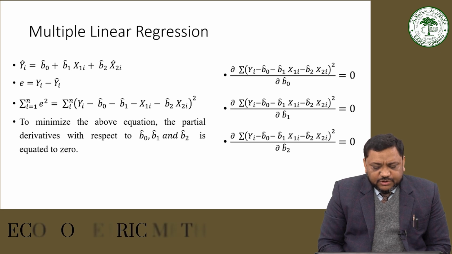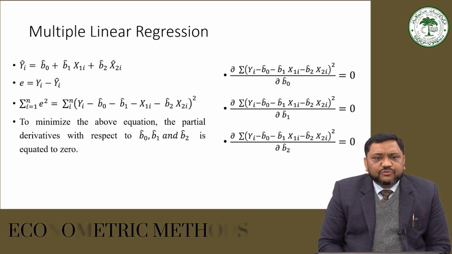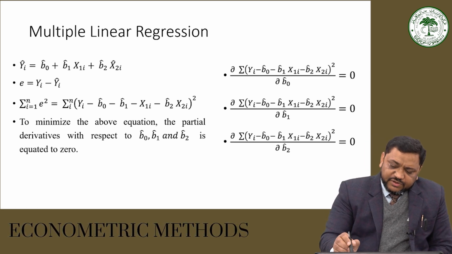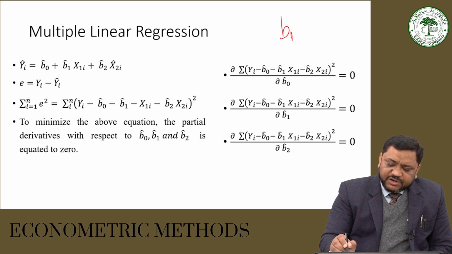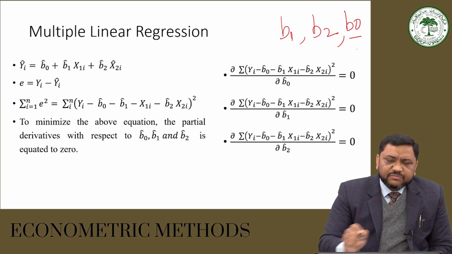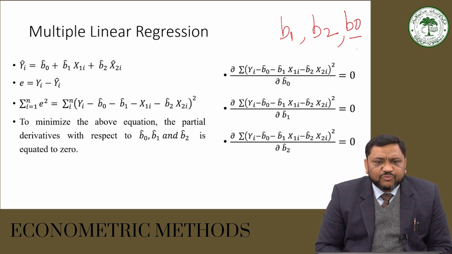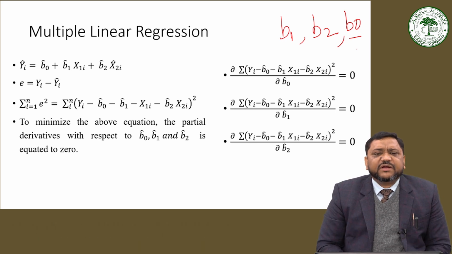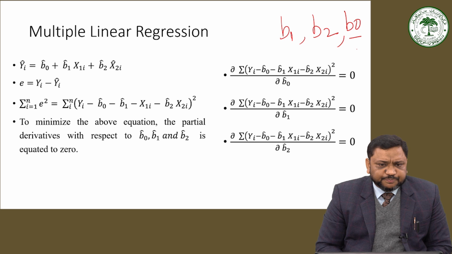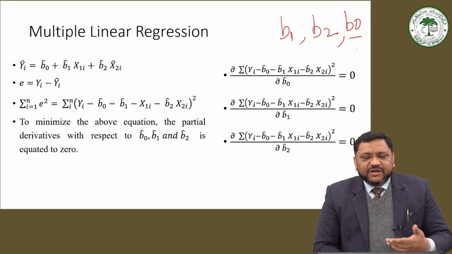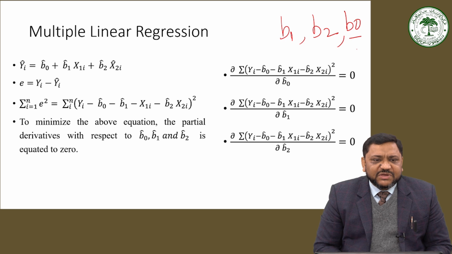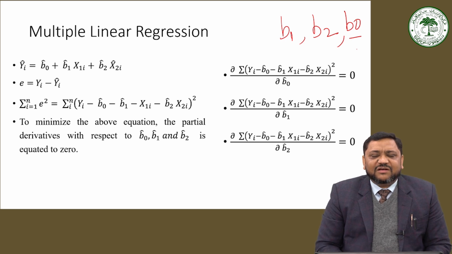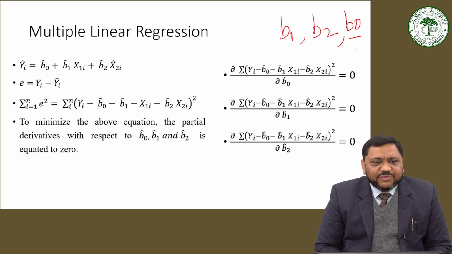Now, we are going to derive the values of beta 1, beta 2 and beta 0, the intercept term, the first regression slope coefficient b1 and the second regression coefficient b2. I may sometimes say beta in place of b, so just ignore it at the moment.